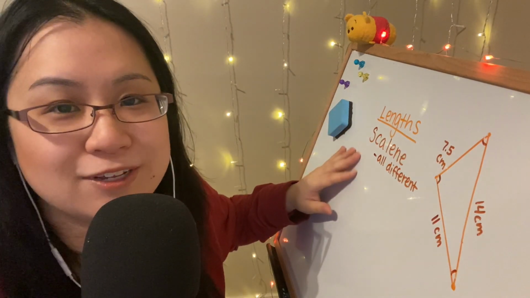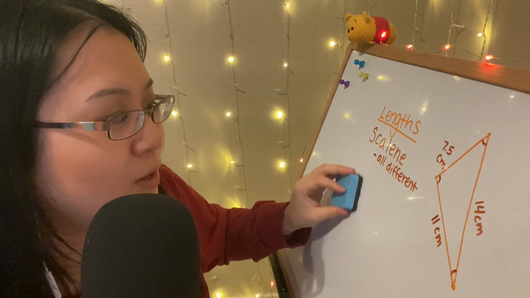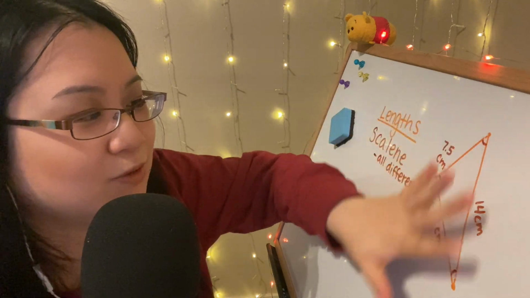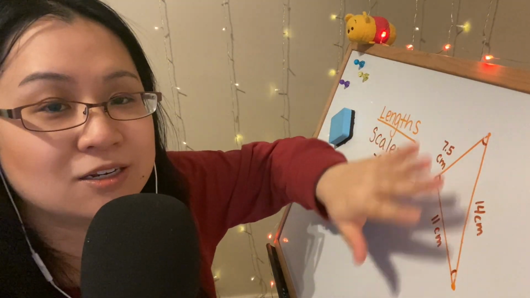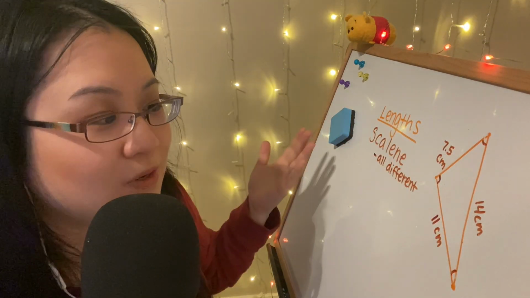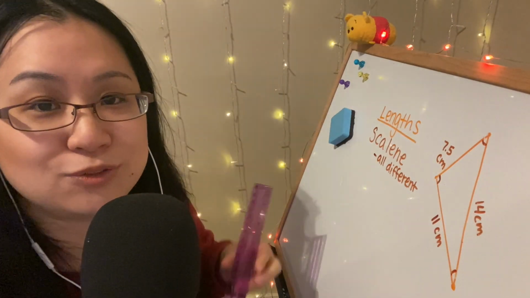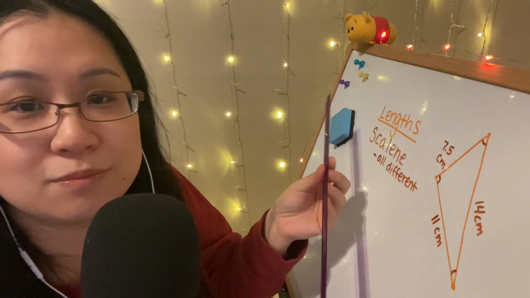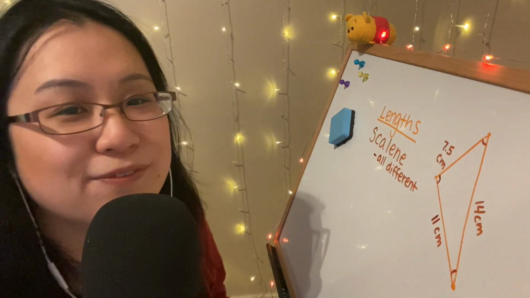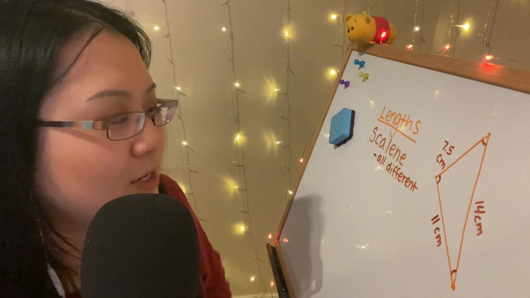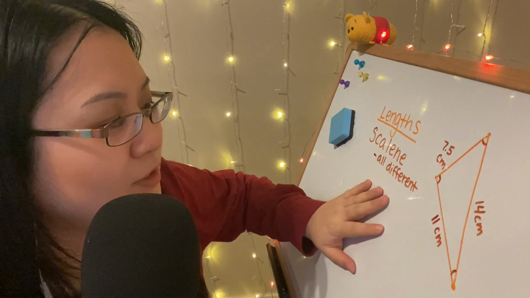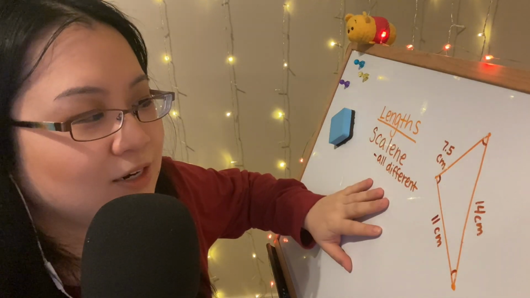And that's a lot of fun too. It's like a little puzzle. But either way, sometimes it's indicated in a diagram, or other times you can just use your ruler and measure to decide for yourself, okay? Alright, so all of them are different, makes it scalene.